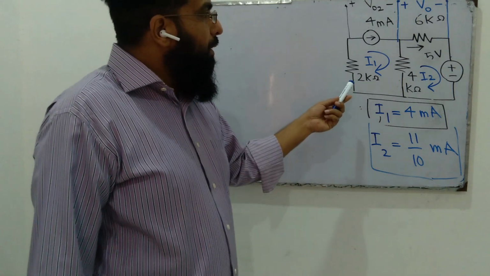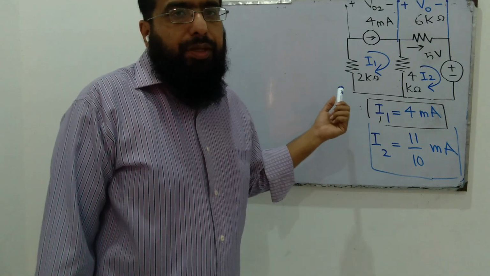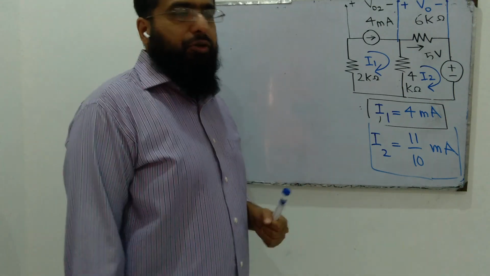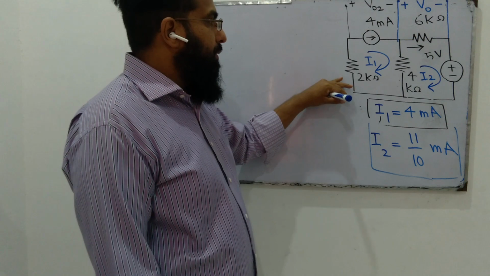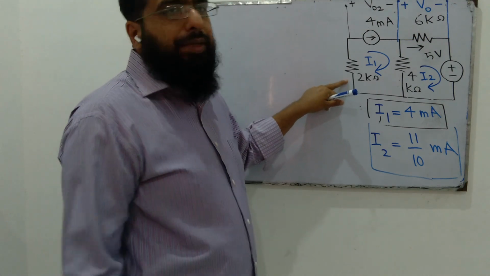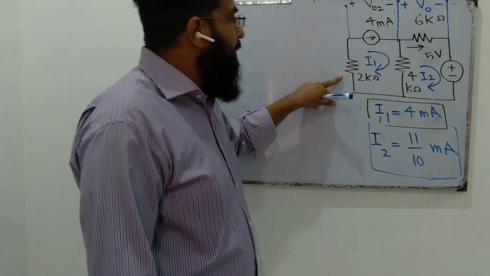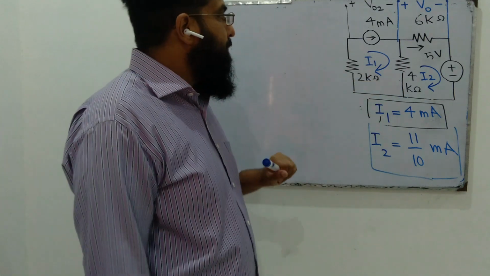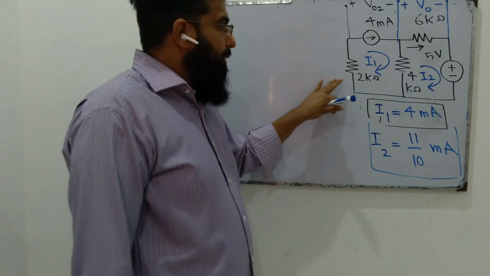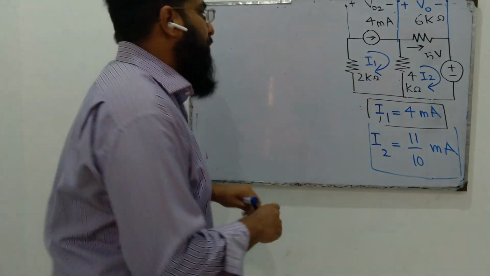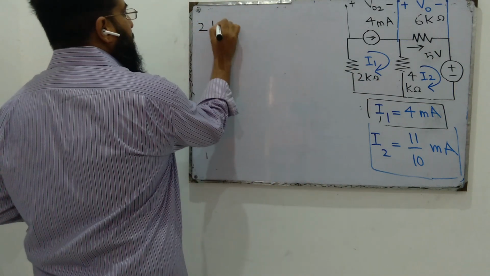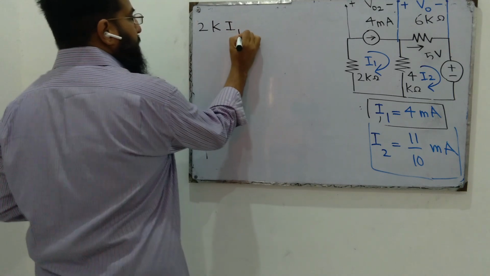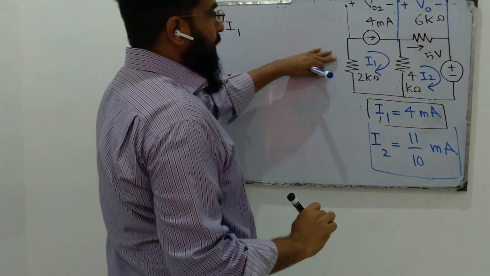So, in order to find the voltage drop across it, we have to write a KVL equation for loop number 1. Let's write this KVL equation. In loop number 1, we have 3 components: this 2K resistor, this 4 milliampere current source, and this 4 kilo ohm resistor. 2K times I1 is the first term, the voltage drop across this 2K resistor.